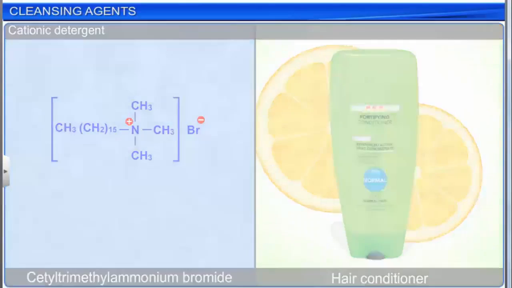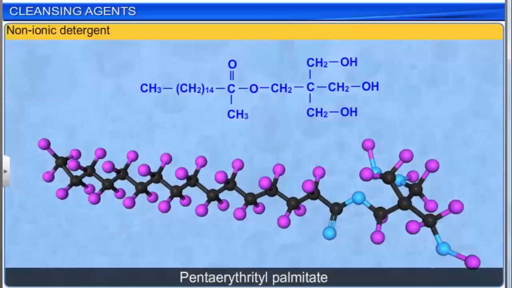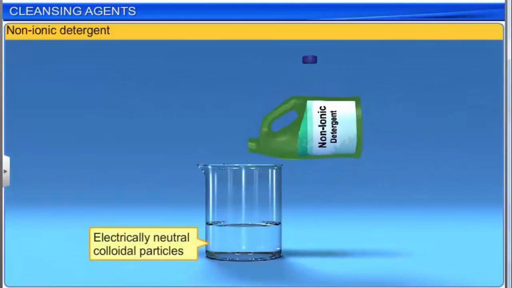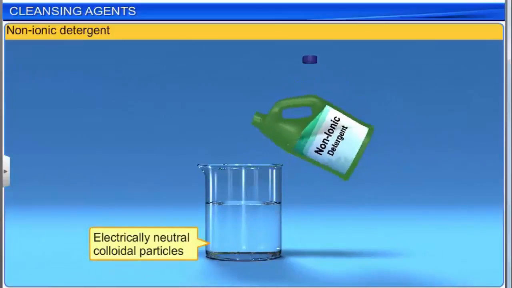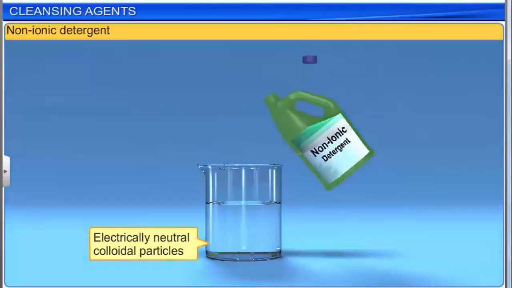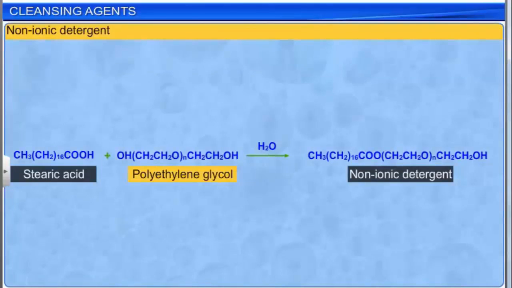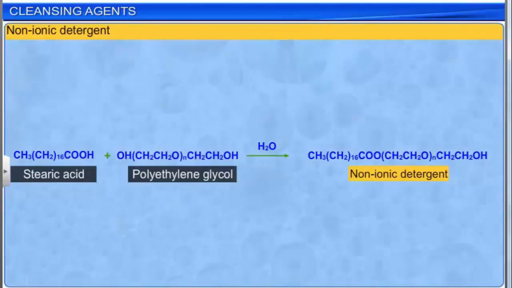Non-ionic detergents do not have any ions. Therefore, they are resistant to water hardness deactivation. They produce electrically neutral colloidal particles in solution. The reaction between stearic acid and polyethylene glycol to yield a non-ionic detergent can be seen in the equation here.